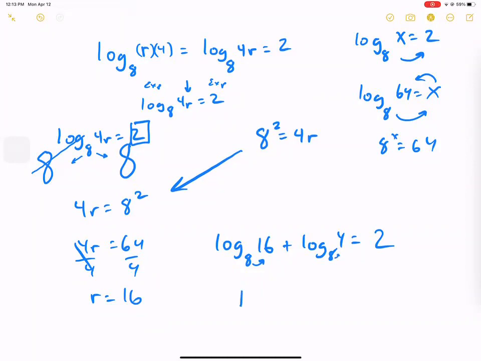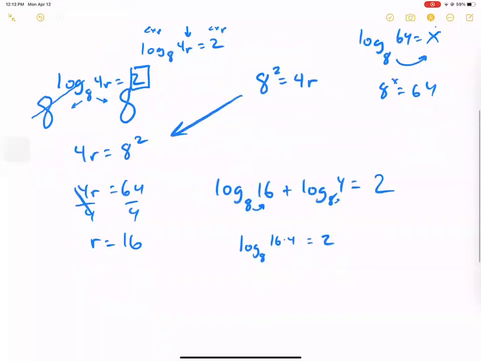But if I rewrite this as log base 8 of 16 times 4, what is 16 times 4? 16 times 4 is 64. Does log base 8 of 64 equal 2? Yes, 8 squared is equal to 64. So r being 16 was our perfect fit here, and that's our goal.